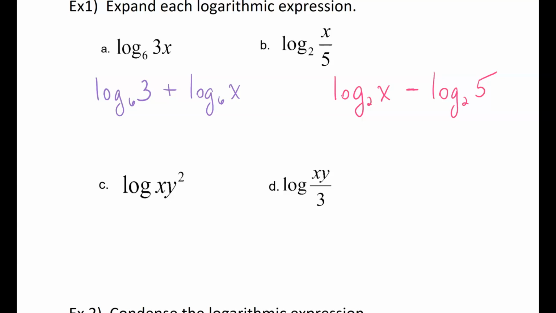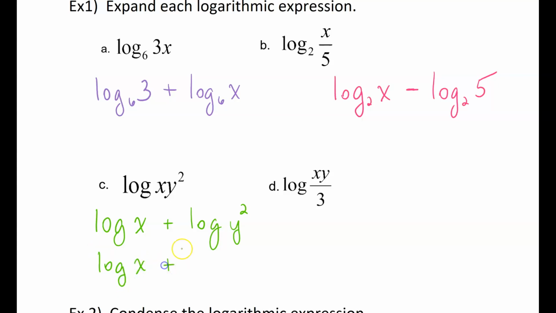So I'm going to start with, we've got x being multiplied by y squared. So that's going to be my first step, is to just expand that part there into log of x plus log of y squared. Okay. And then we see that we have an exponent that's on that y squared. So we're going to apply the power rule to that. Log x, there's nothing more we can do with it, so that's just going to carry down.